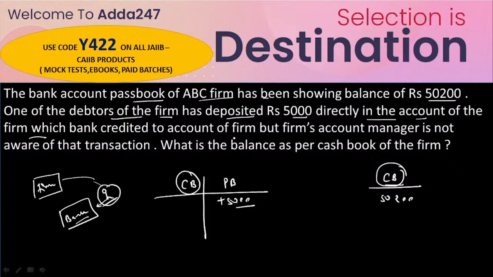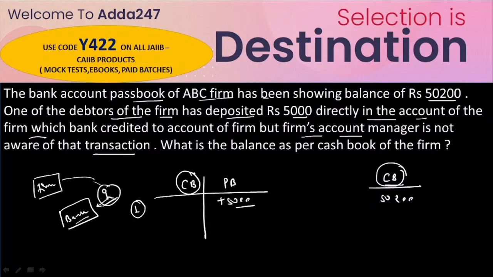Okay, but the firm's account manager is not aware of that transaction. What does this line mean? That means the firm's account manager who maintains the cash book of the firm is not aware of that transaction.